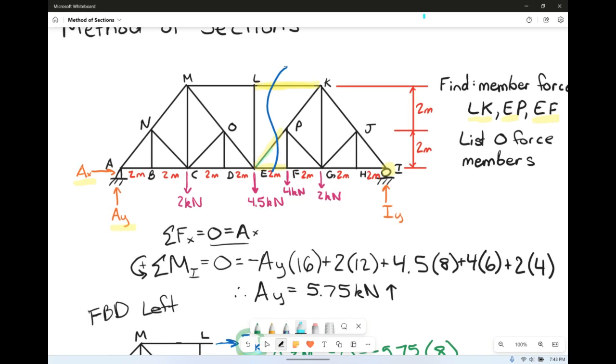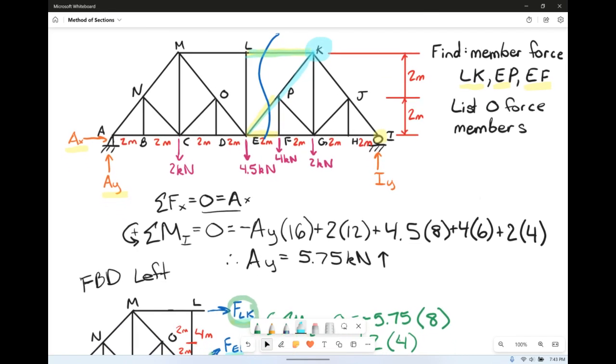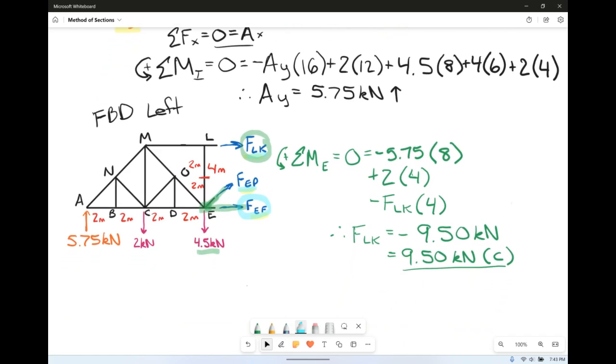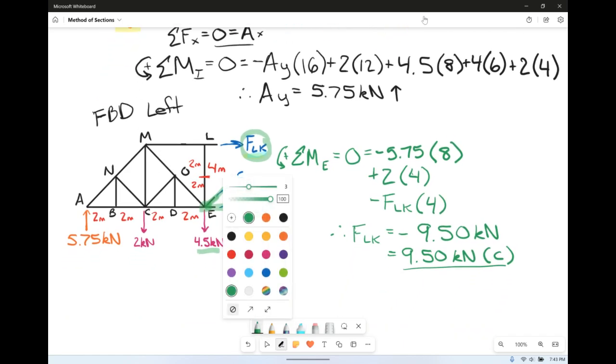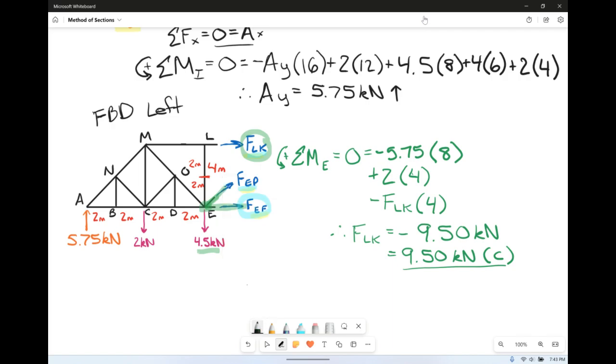EP and LK both have in common point K. Even though he's not on my free body diagram, I could sum the moments about point K. Now that would have to include all of the rest of the things here. So that's not very fun, to be honest, but you could do it. If you're a big fan of summing moments, you can totally still do that.